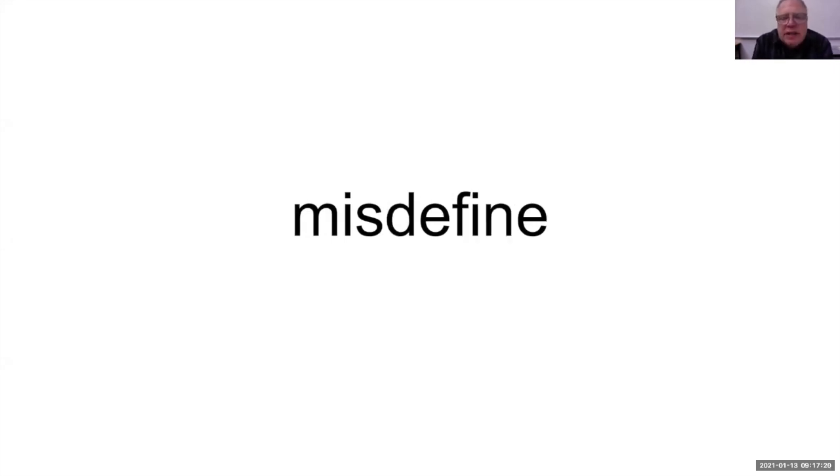What does misdefine mean? I'm going to give you some think time, and I want you to put it in your head what you think this word means. About another 5 seconds. This isn't hard.